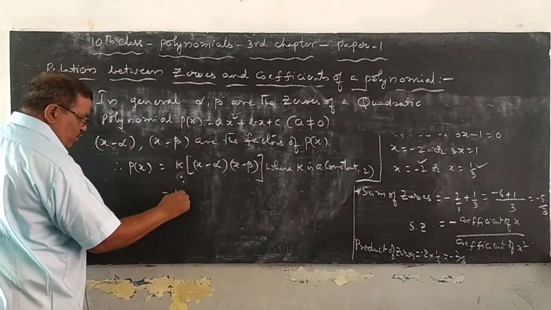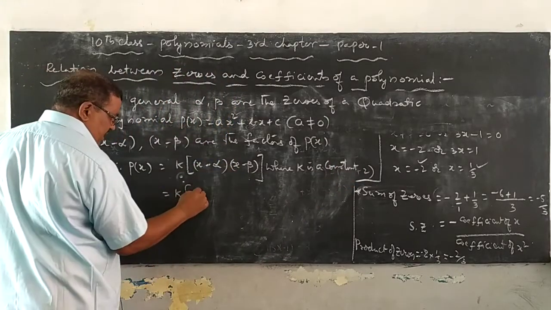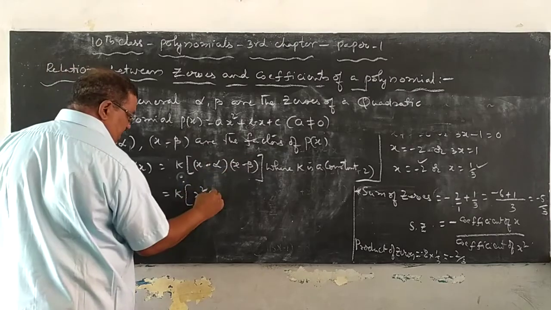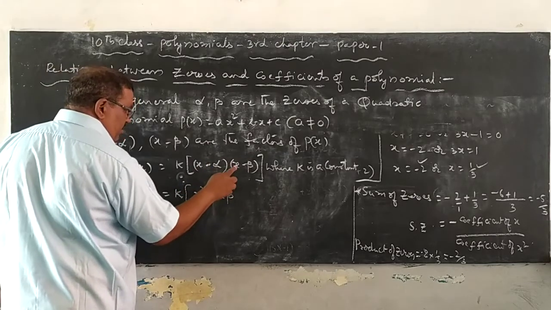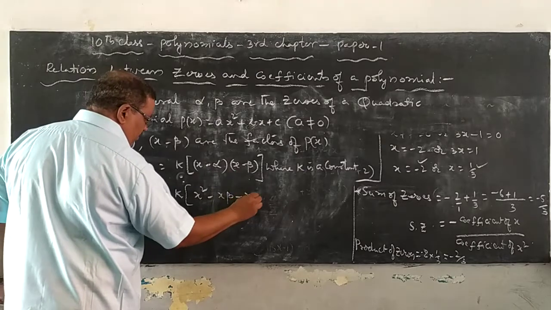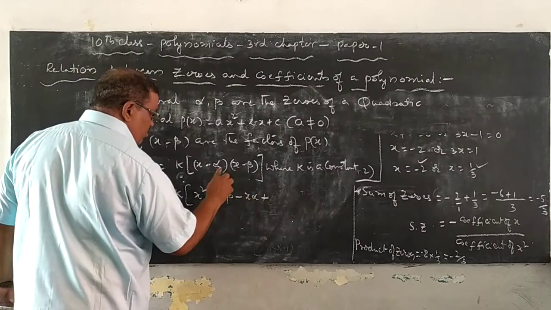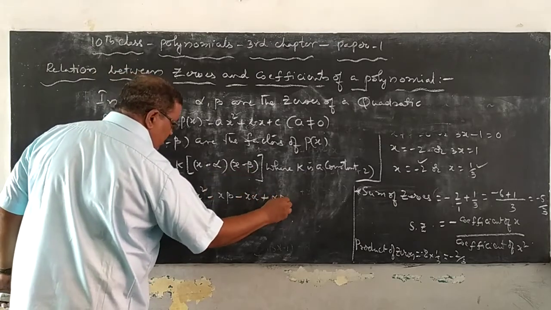Therefore, it should be taken as x into x, x square, minus x beta, x into minus alpha, minus x alpha, minus into minus plus alpha beta.